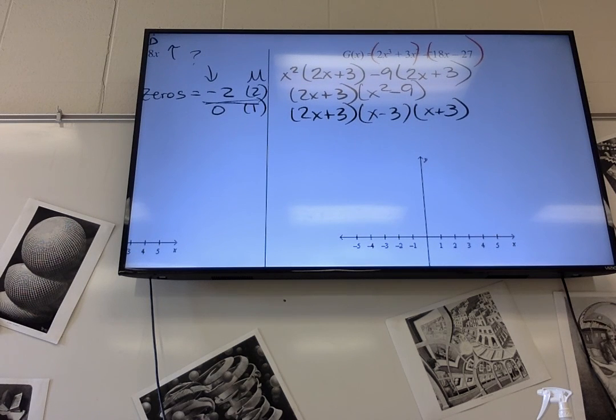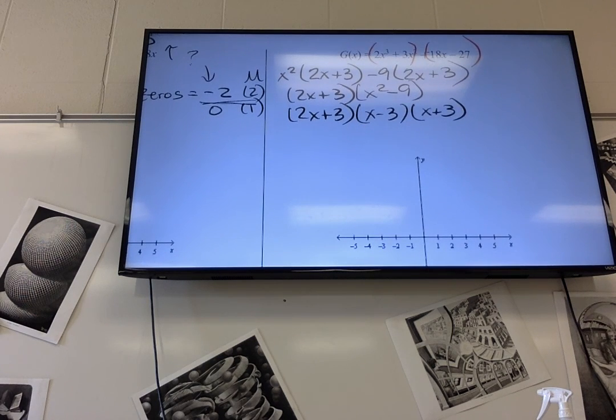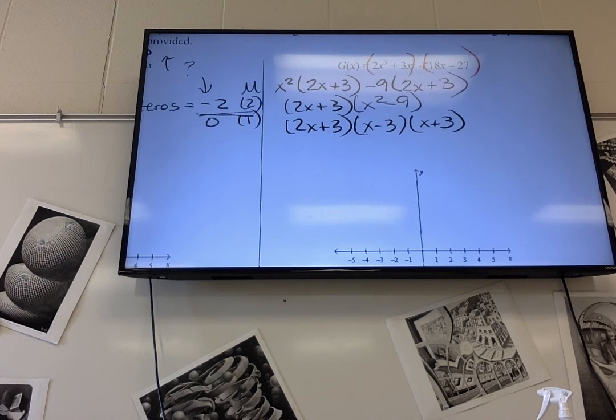Okay, so we're going to graph it. I have an odd degree, so it's going to point in opposite directions. Leading coefficient is positive, so how's it going to point? Up on the right, down on the left, something in between.